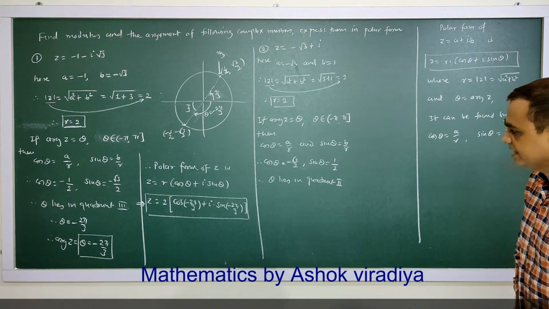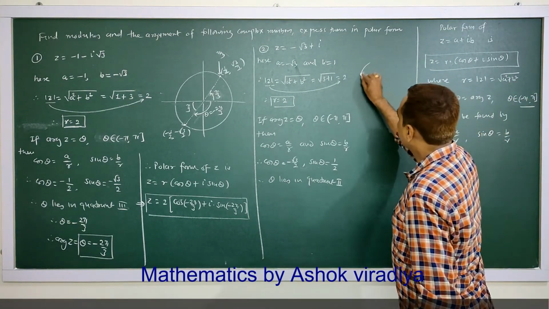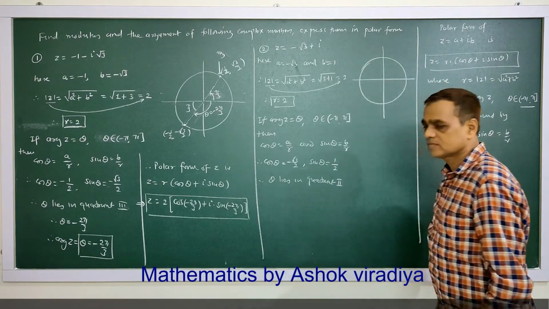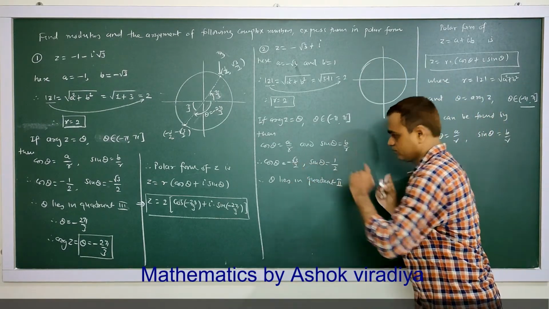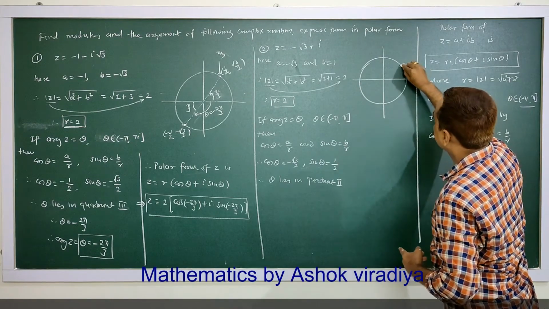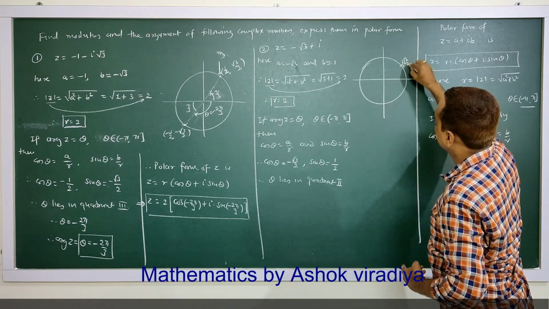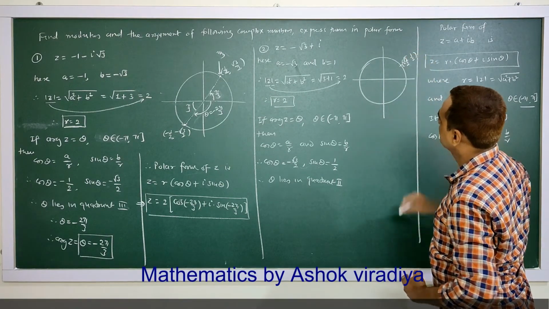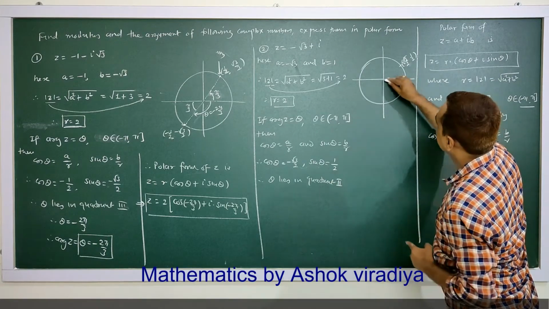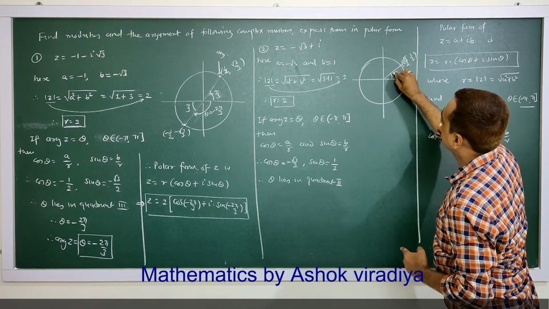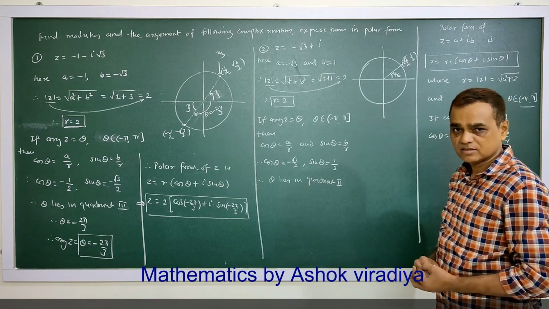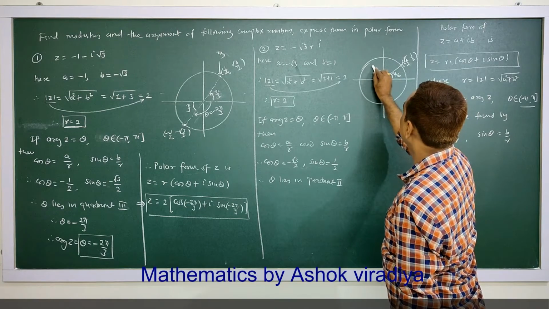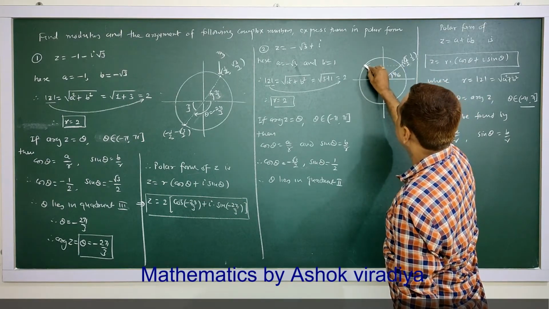To find the corresponding theta, let me take help of the unit circle. If these both are positive, then the point will be somewhere here: root 3 by 2, 1 by 2. If cos is positive and sin is positive, then this theta will be pi by 6. But cos is negative and sin is positive, so the corresponding point will be exactly on the left side.